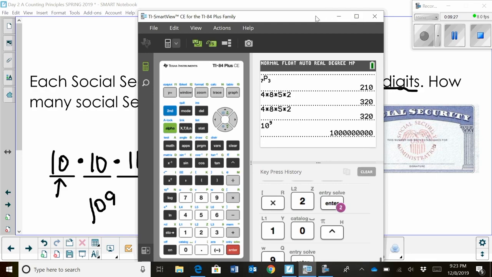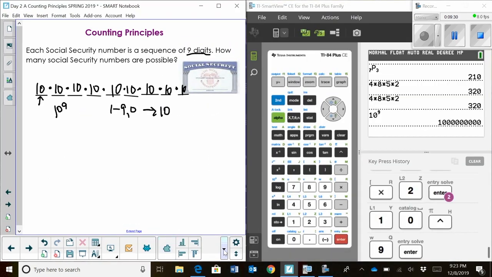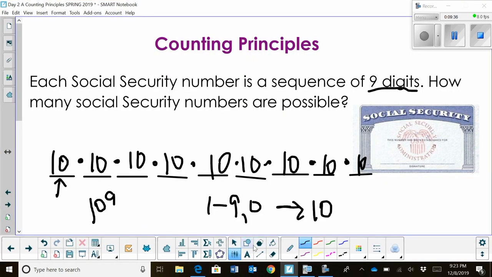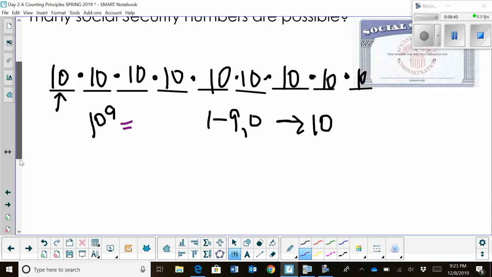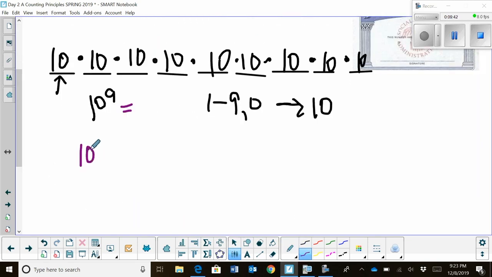Let's write that in. 1, 2, 3, 4, 5, 6, 7, 8, 9. So what's that? A billion different numbers. We have 1 billion different ways to get a Social Security number.